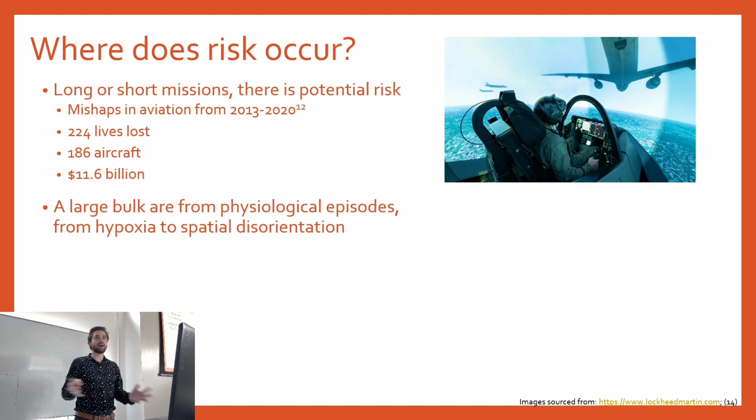A lot of lives were lost over the last few years, and a lot of money spent in accidents. We call these physiological episodes, from things like hypoxia, like I'm talking about today, to spatial disorientation. These jets are running much faster than your typical Boeing 747s that y'all might have flown in previously.